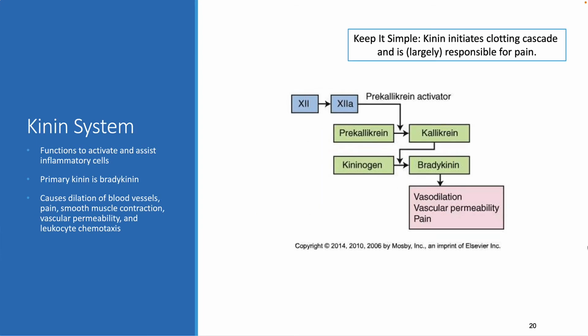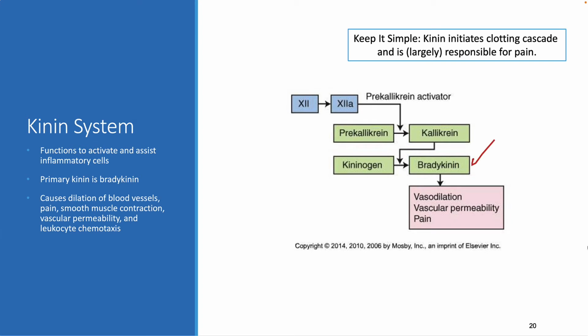Kinin then is essentially the thing that initiates the clotting cascade, and it's really the thing that causes pain, right? So this prekallikrein and the kallikrein and bradykinin and all. Ooh, bradykinin. Remember that? You've heard of bradykinin.